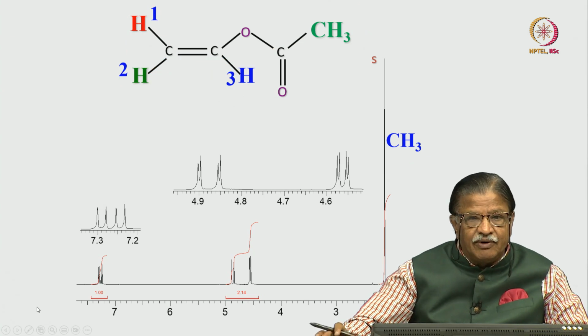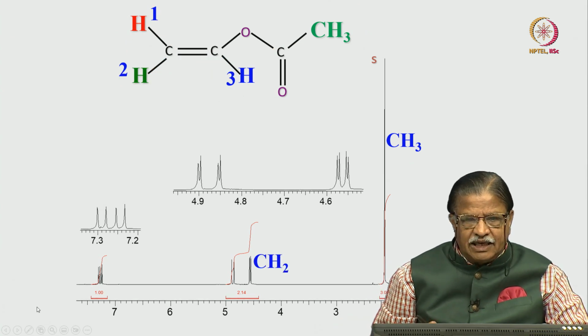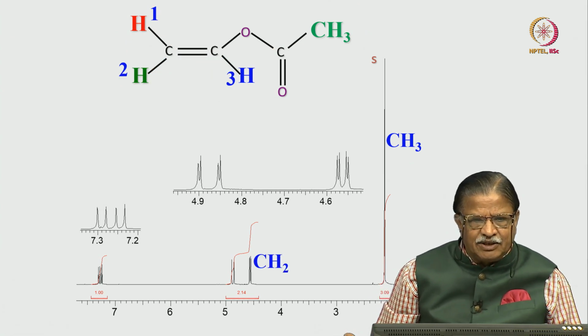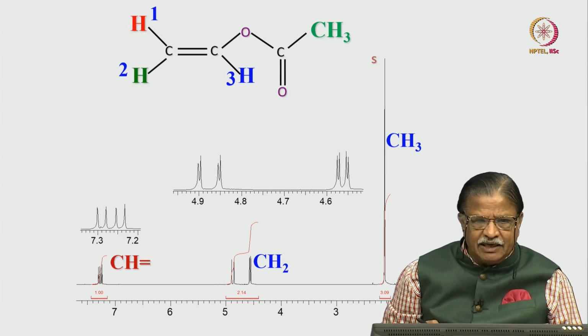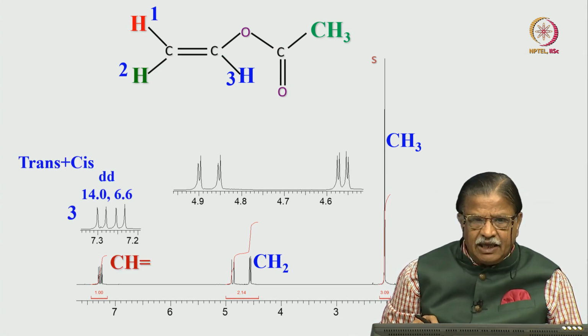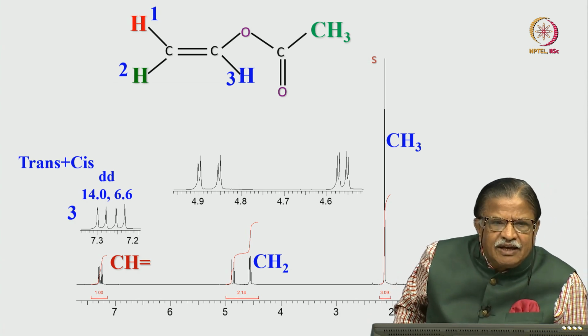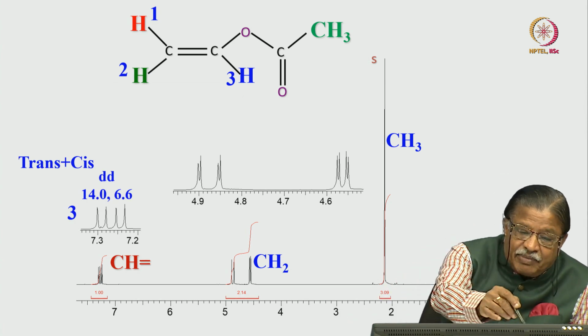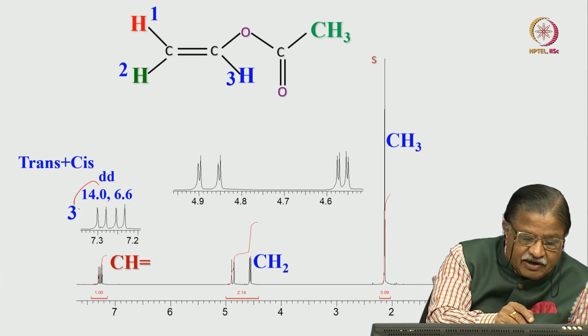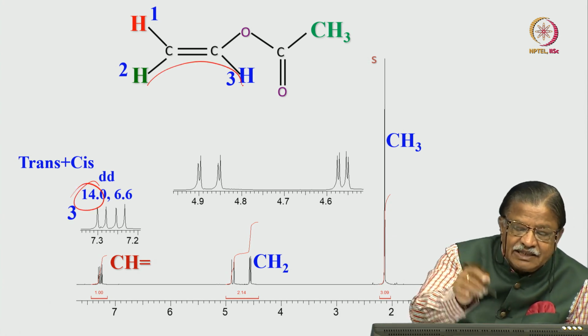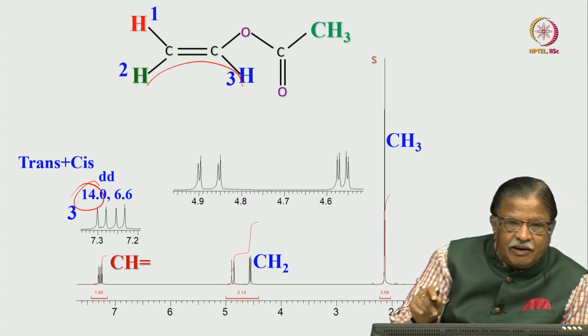What we will do is, this is a CH3, this is a CH2 group, which has been expanded here, this is CH. This proton 3 experiences a trans coupling, which is larger, of the order of 14 hertz, and then a cis coupling. That is why it is 2 doublets well separated.